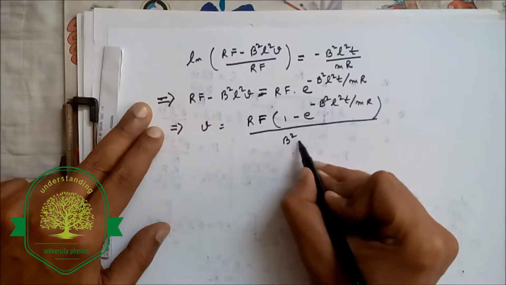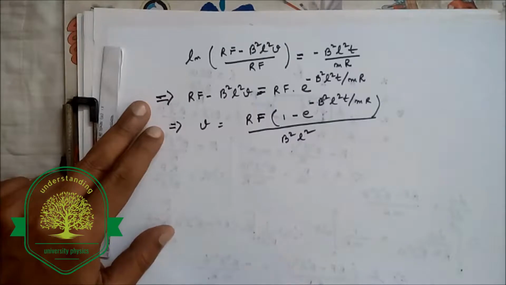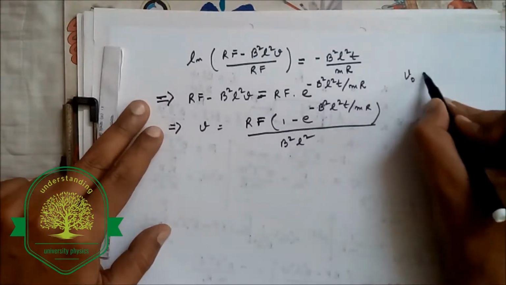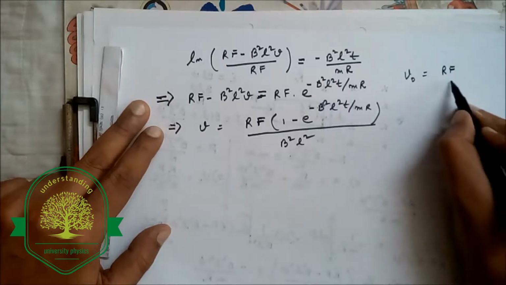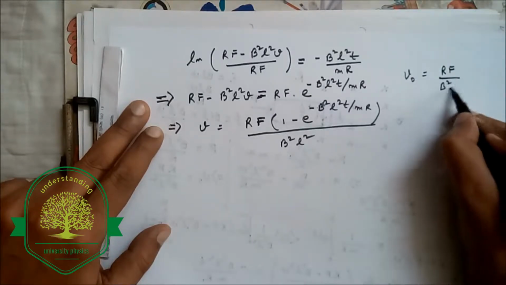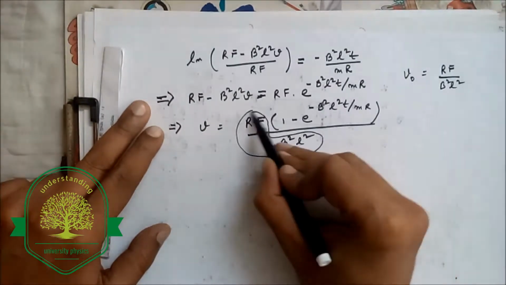Now let's see. We know the expression for V naught is Rf over B square L square. So this term is actually V naught.